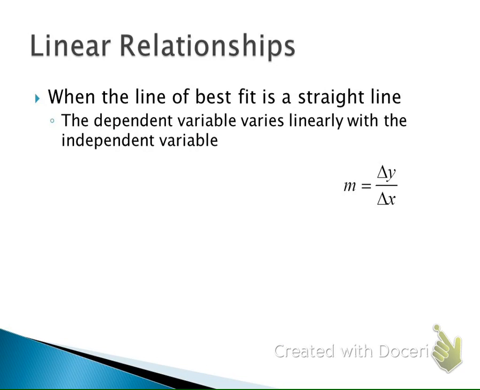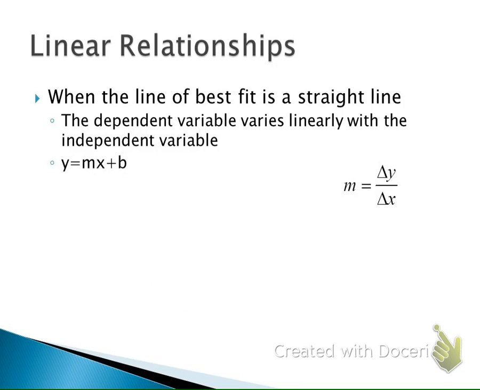All different types of relationships. We're going to look at linear, quadratic, and nonlinear. When something has a linear relationship, the slope of our line is just going to be a straight line. Our line of best fit is a straight line. That means there's a very clear relationship between the dependent variable and the independent variable. There's a direct correlation between those two things.